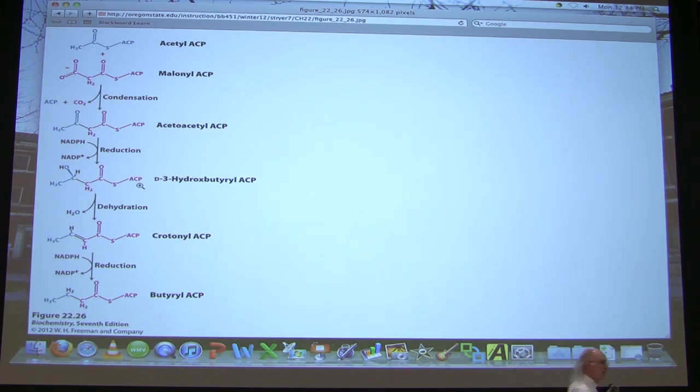Previously we saw the fatty acid was in the L configuration when we were doing oxidation. The next step involves removal of water to make a double bond. That's a dehydration. There's our trans double bond. And the next step involves hydrogenation, that is adding hydrogens and associated electrons from NADPH, and we're right there.